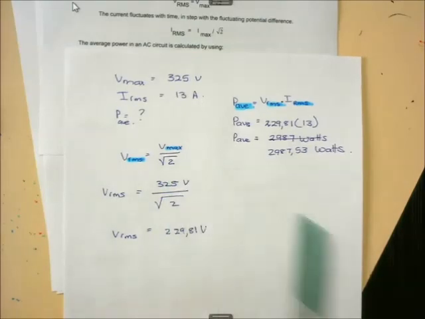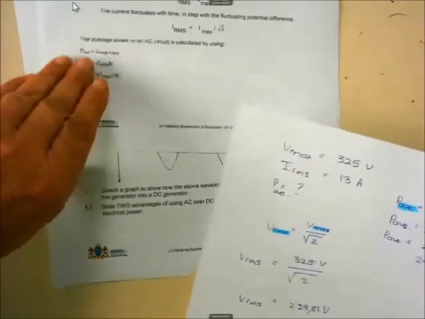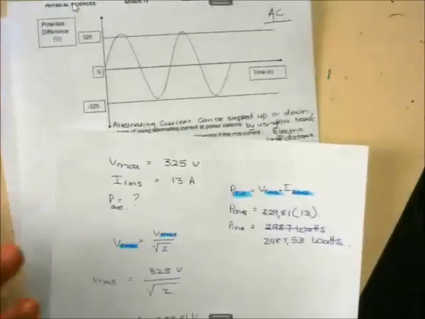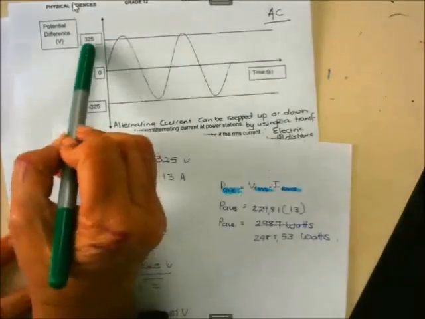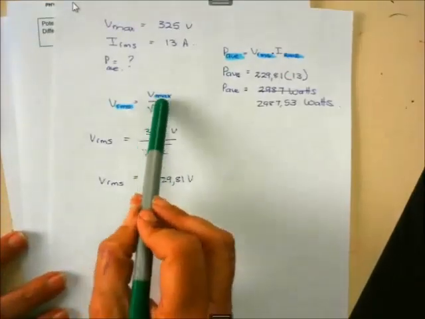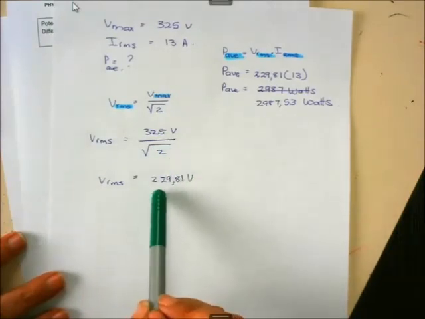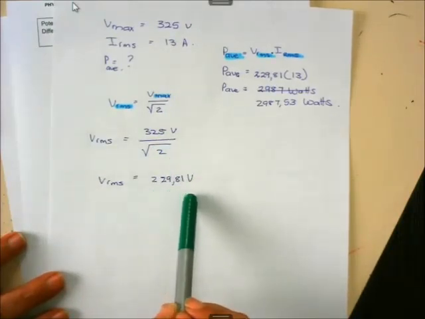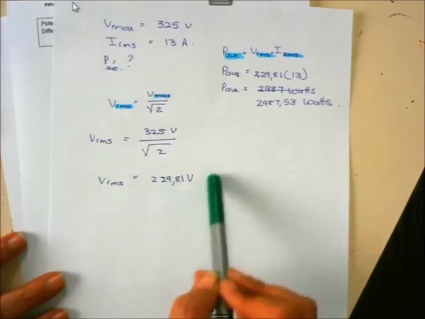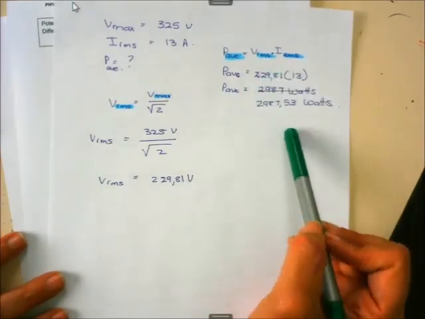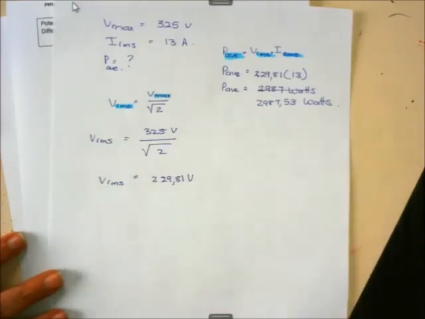Vmax from my graph, and that's quite important. I didn't mention that. Maybe I should just mention that again, because some of you might have wondered where I got that amount. I got it from my graph. 325 divided by the square root of 2 gives me 229.81. Right. I then substituted that back into the power formula, and I solved. Right. Okay, got that.